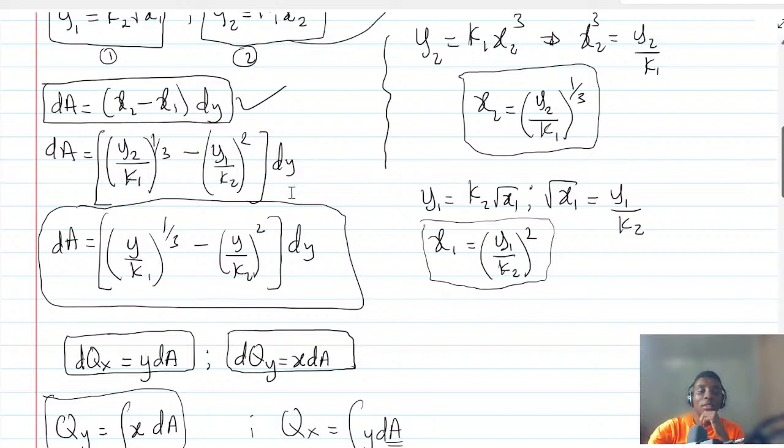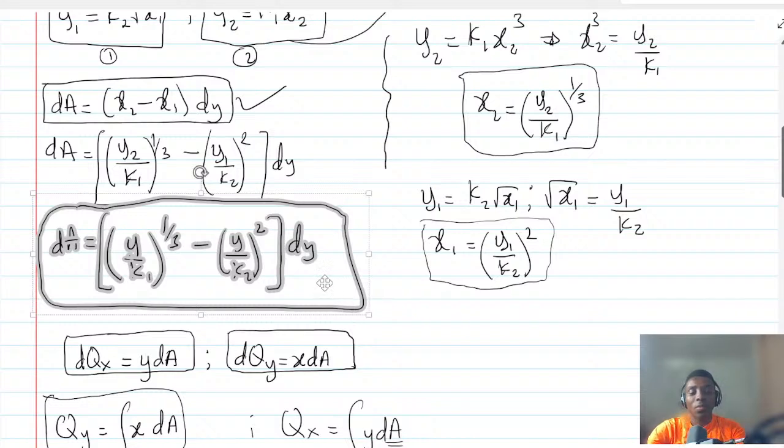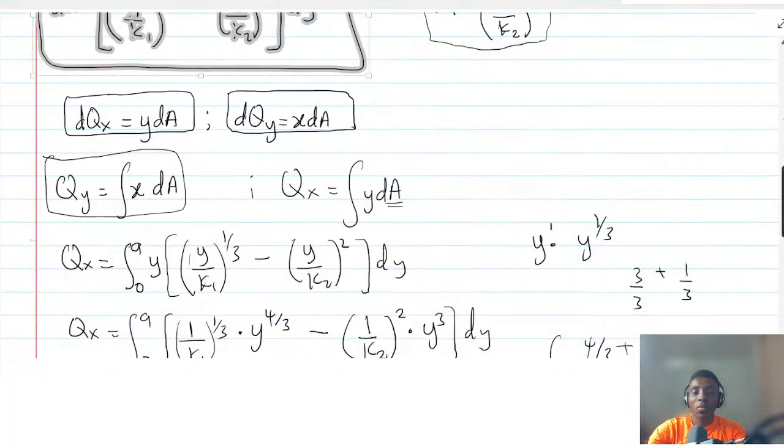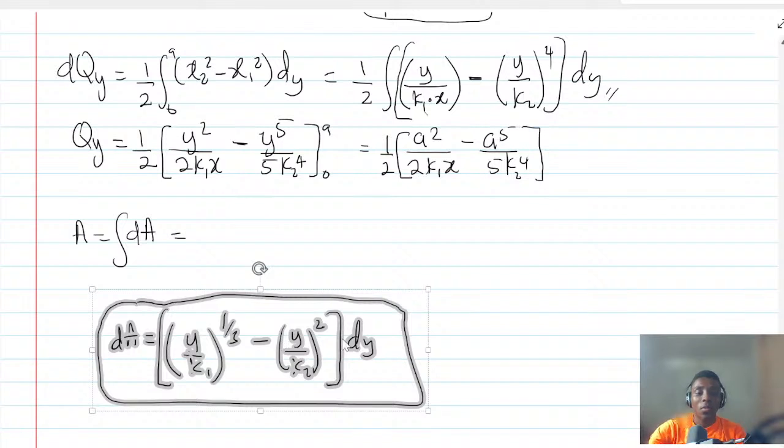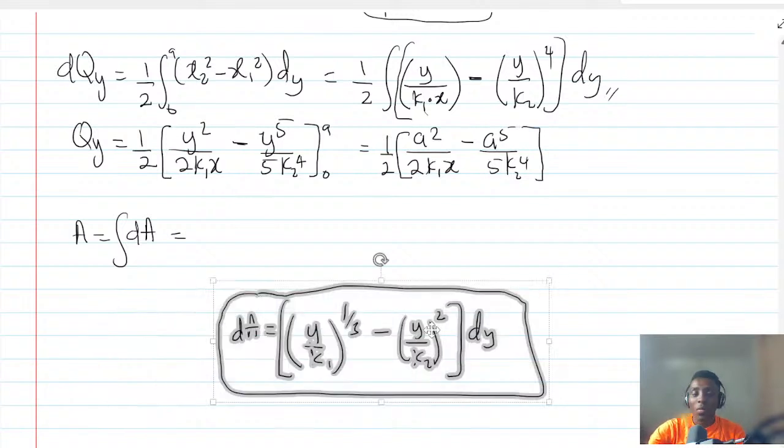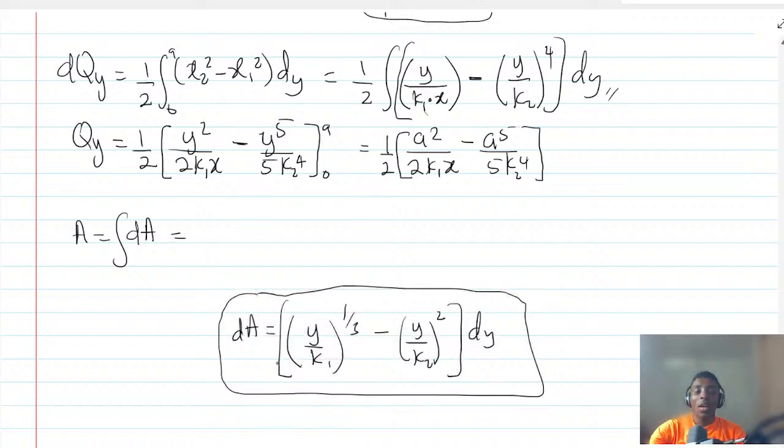Let me copy it here. So this is dA. I leave this to you as integration. Integrate this with respect to y. Integrate this area. It's very simple. You can do it.